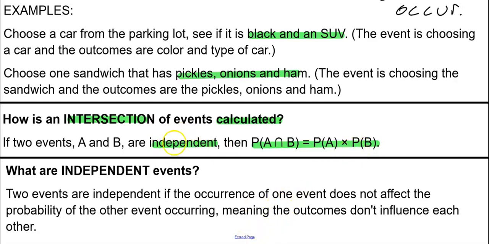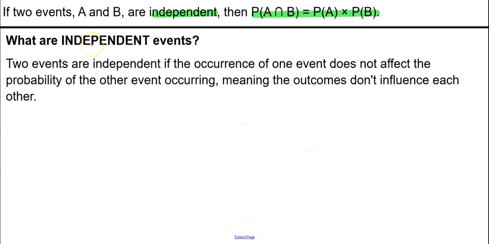I just used this important word, independent. What is independent? Two events are independent if the occurrence of one event does not affect the probability of the other event occurring. That means my outcomes don't influence each other.